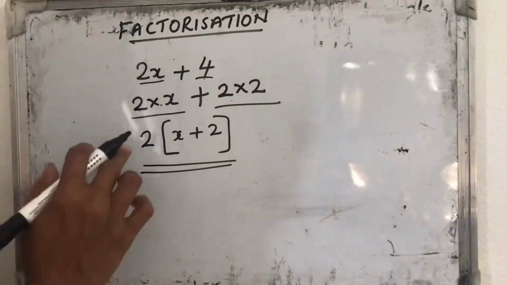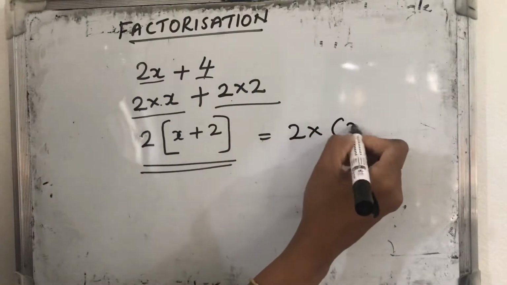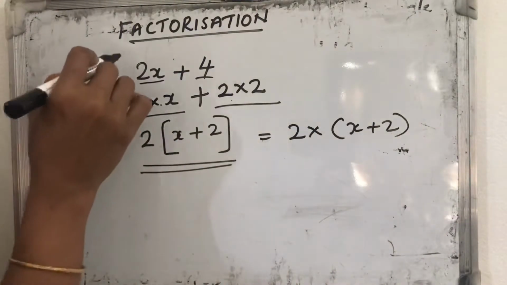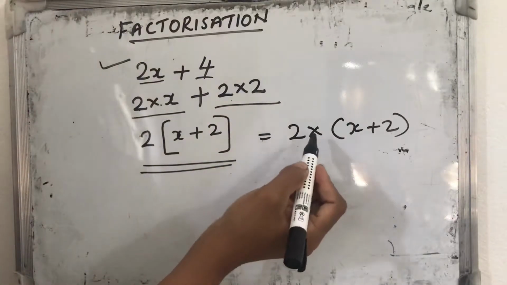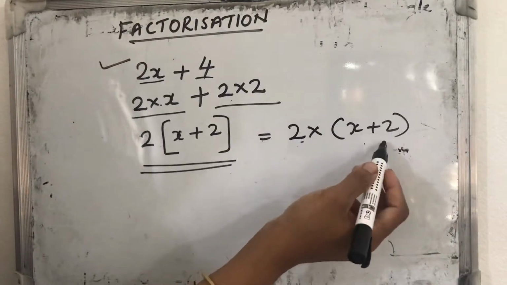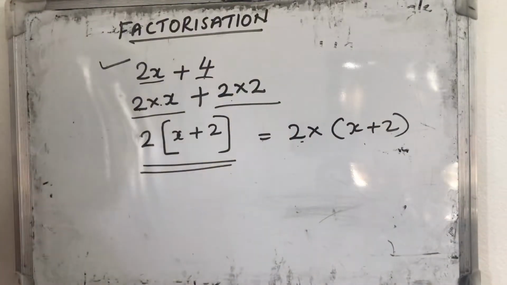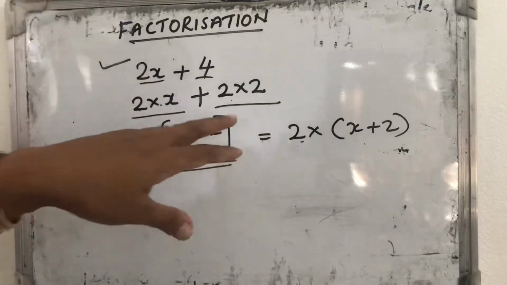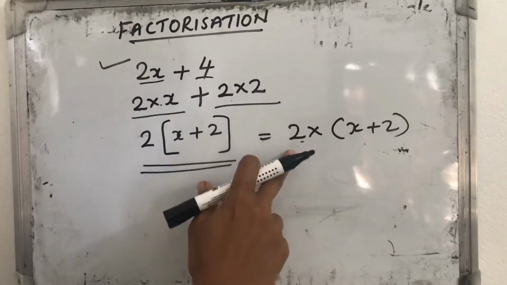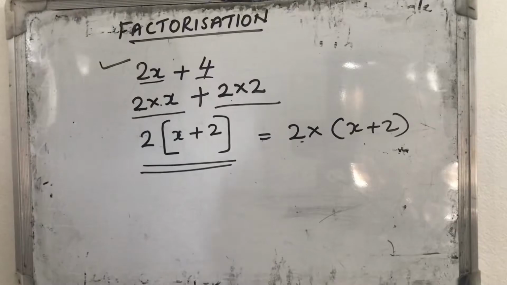So this is the factorization of the given expression: 2x plus 4 equals 2 into x plus 2. That means we write the given expression as a product of 2 and x plus 2. We cannot further factorize 2 and x plus 2, so this is the simplest form. These are the irreducible factors: one is 2 and the other is x plus 2.